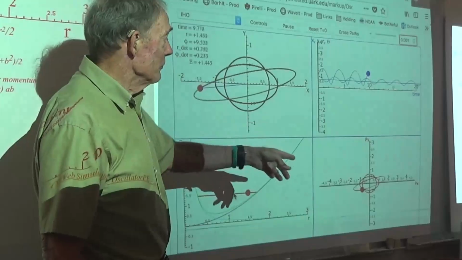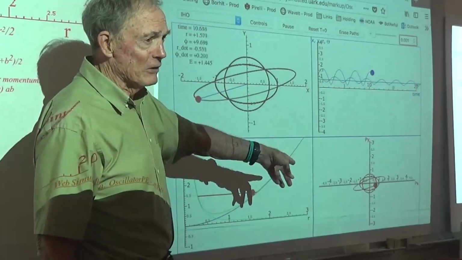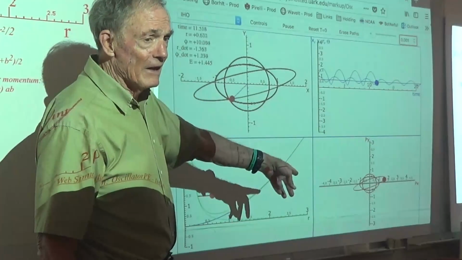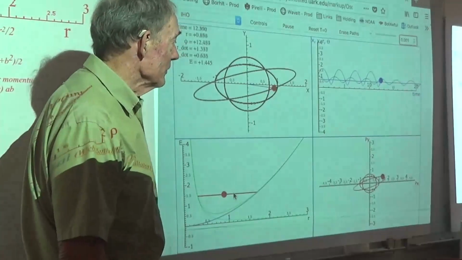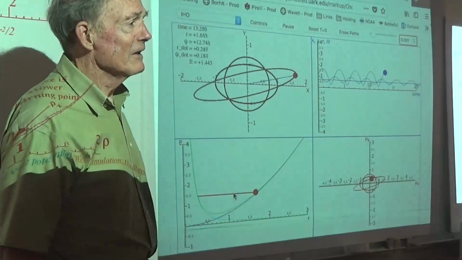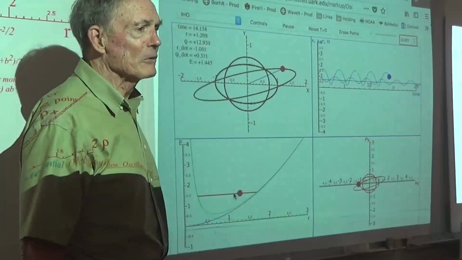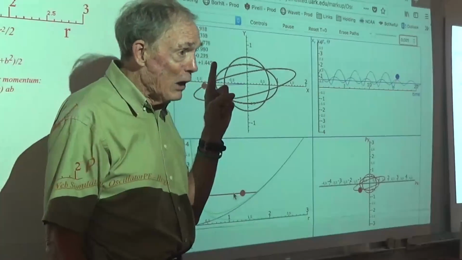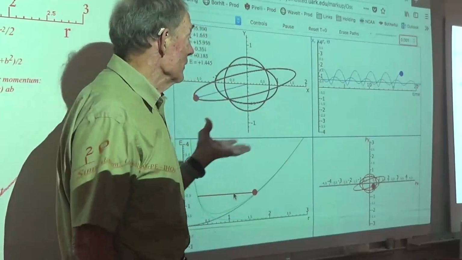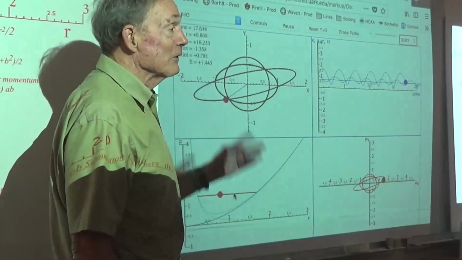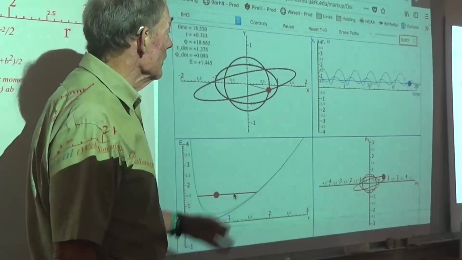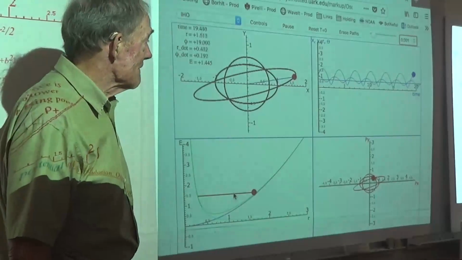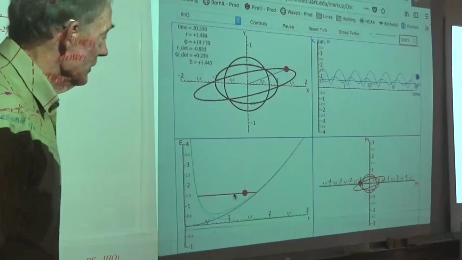Remember how we studied the calculus of the two-dimensional oscillator and noticed that the ellipse for velocity was the same ellipse as the position when omega is equal to 1. Now omega is not equal to 1, so one of them is bigger than the other, but still the same orientation, right? That's kind of neat to see.